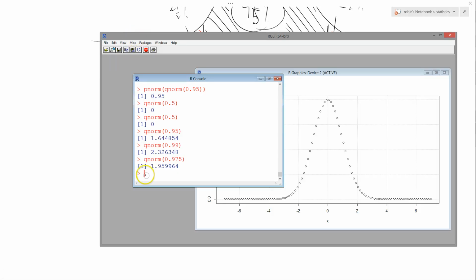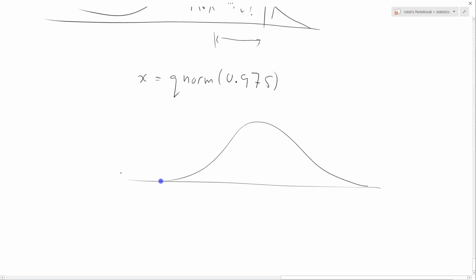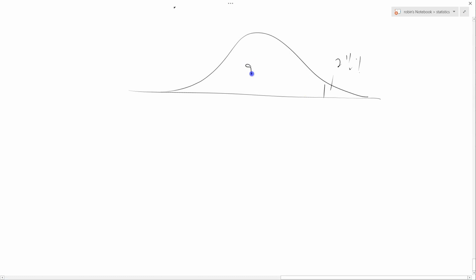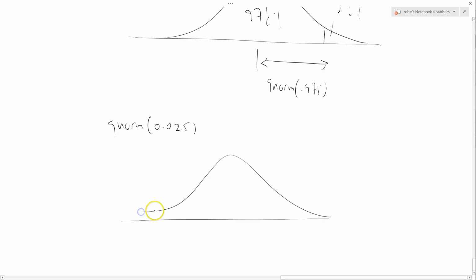There's another interesting thing here as well. If I go qnorm of 0.025, well, that's the value for which only 2.5% of the probability is there, and 97.5% is there.